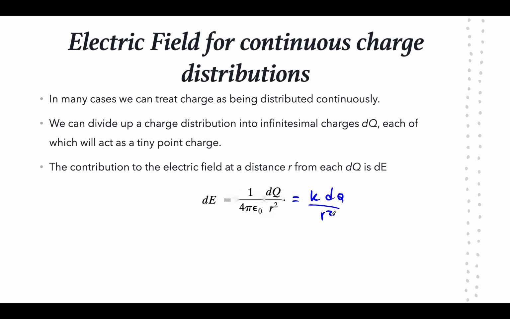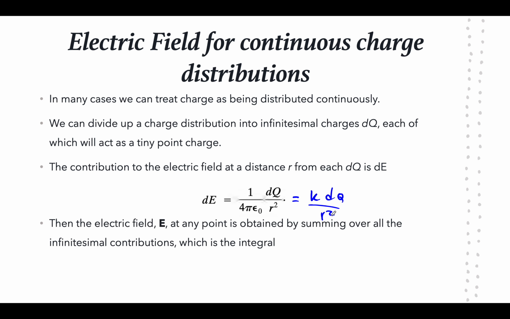So what we're going to do is take each one of those pieces and find the electric field created by each piece, and then add all these pieces together through the integral, right?